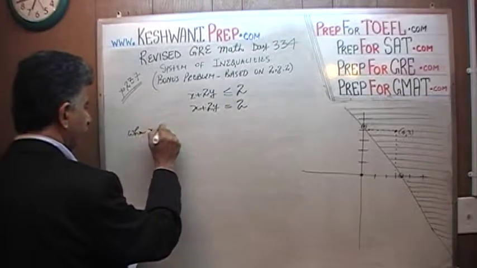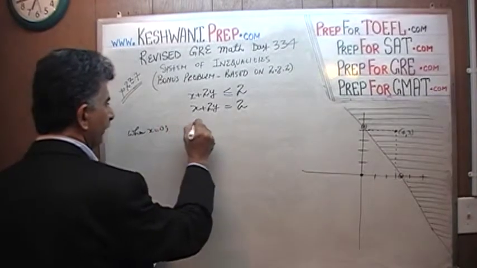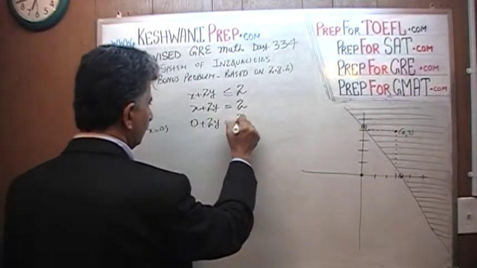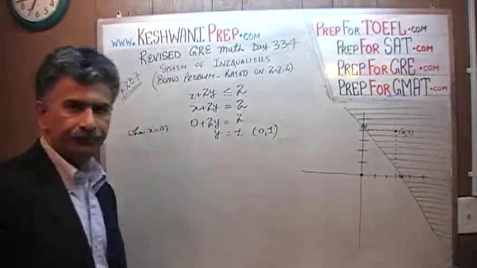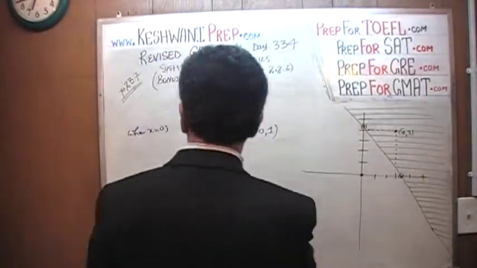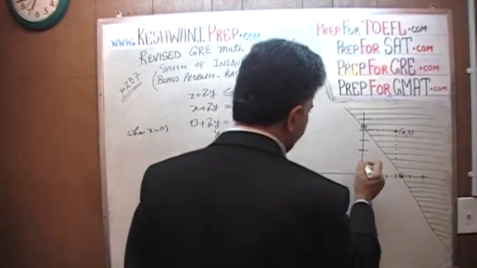When x is equal to 0, 2y is equal to 2, and y is equal to 1. So it goes through 0, 1. X is 0 along the y-axis, 0 and 1 right here.